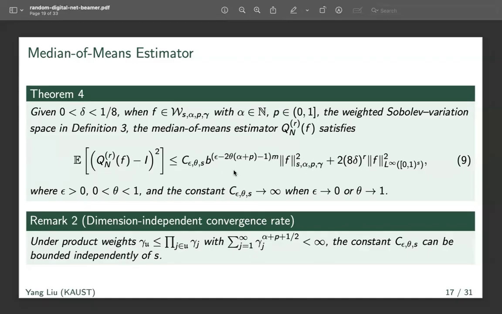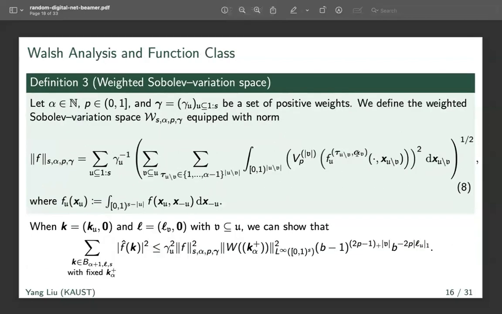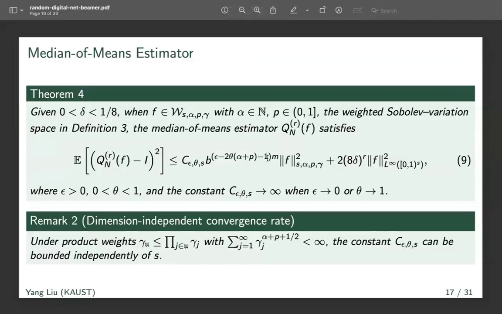So with higher smoothness p, you get higher convergence, and alpha is this differentiability, and p is like this integrability. But we also have this extra factor minus 1.